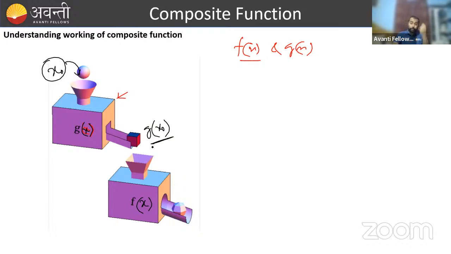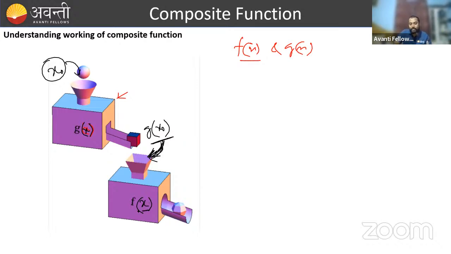Okay, so you have another machine or another function, that is f of x. So what will happen if we give this g of x naught as input to the second machine? If I give the input as g of x naught to the function f of x, what is the output you will get?